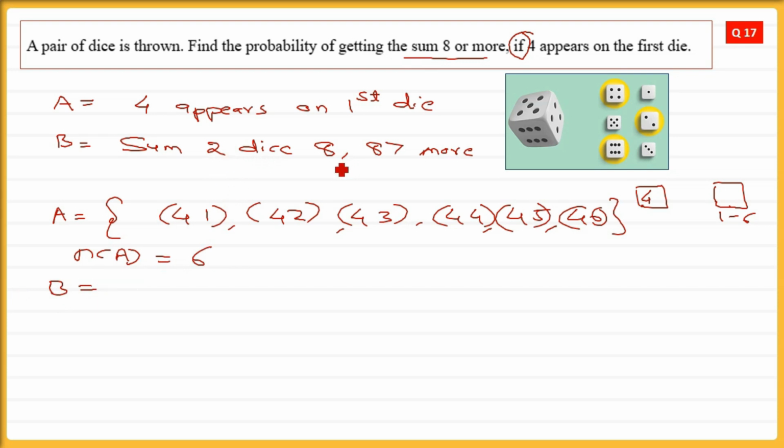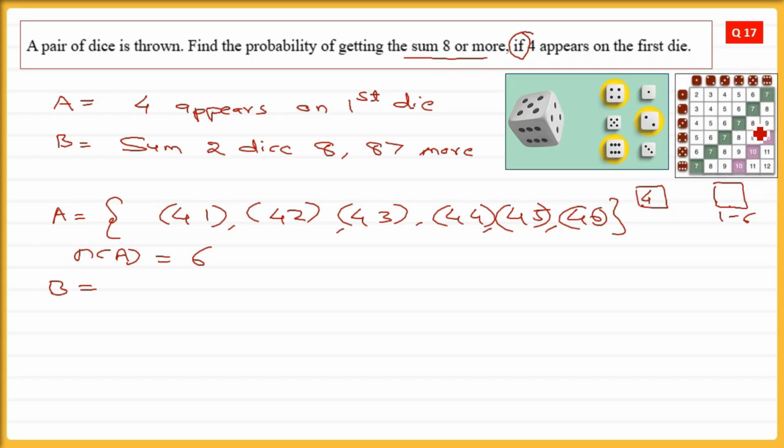B is the sum of 2 dice, and these dice have 8 or more. So anything which is above 8 inclusive. For example, 5 and 6 will give you what? 11. 11 is more than 8. So we have 2, 6, and whenever you write this, you can reverse it and write it together. Because if 2, 6 is 8, 6, 2 will always be 8. 3, 5 is 8, so 5, 3 also will be 8.